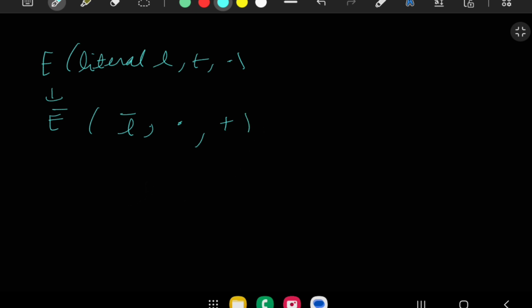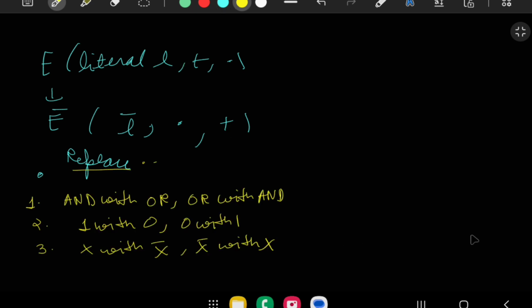So now let's do the practice. Replace, let me just write it down. So and with or, or with and, 1 with 0, 0 with 1, x with x bar, and x bar with x.